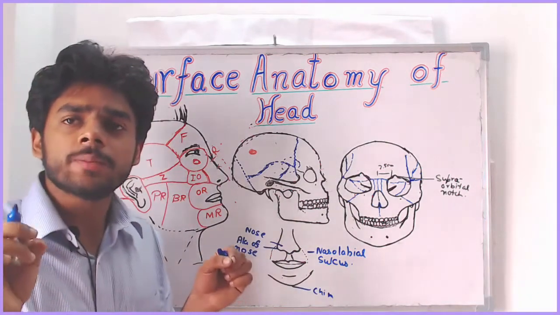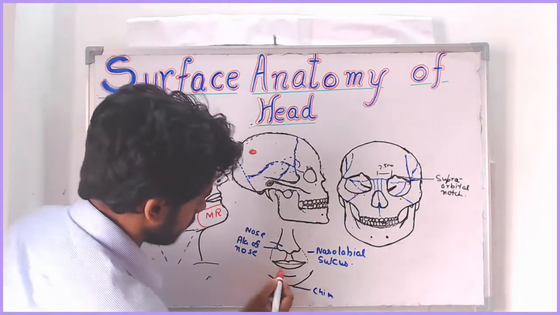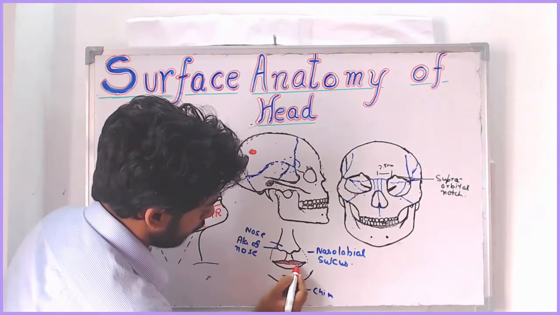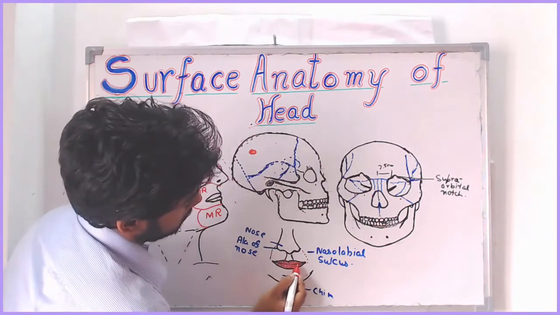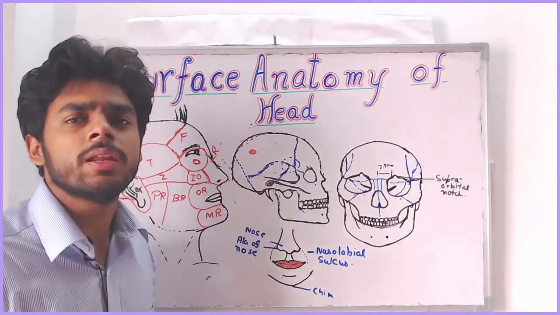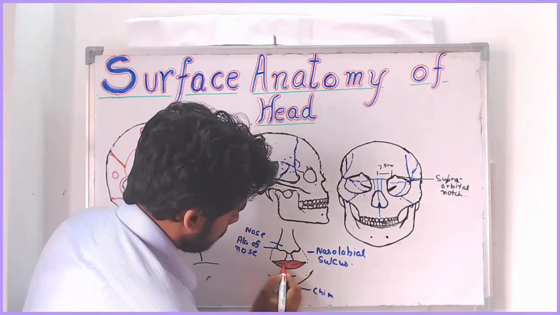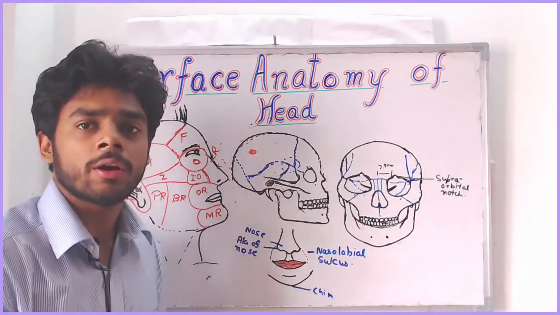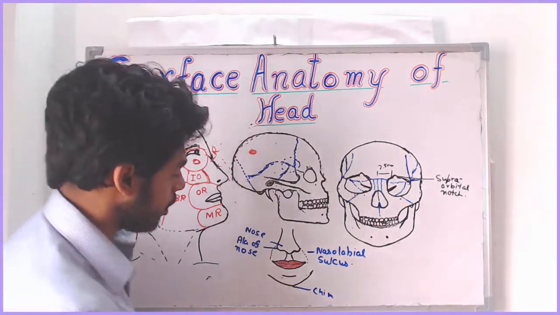And the lips have a pinkish zone called the vermilion zone. I don't have a pink pen, so I will mark it with red. This pinkish zone is called the vermilion zone, and the outline of this vermilion zone is called the vermilion border.